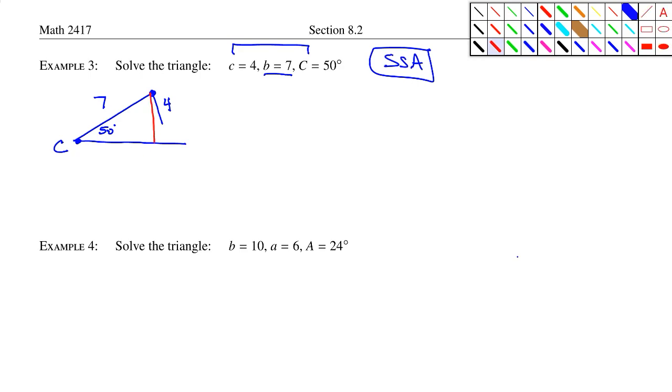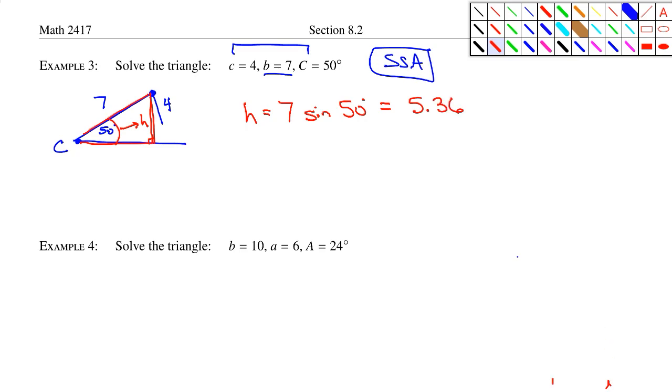So let's draw the height. And the formula for the height is going to be 7 times the sine of 50 degrees. So I always just see a little right triangle here with this angle, that opposite side, and that hypotenuse. If you put that in the calculator, 7 sine of 50 degrees is 5.36.